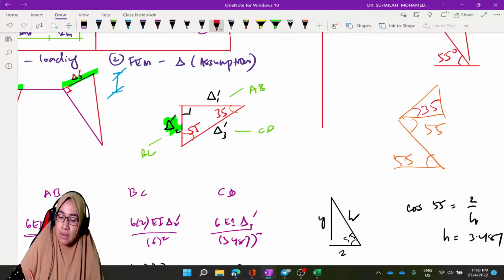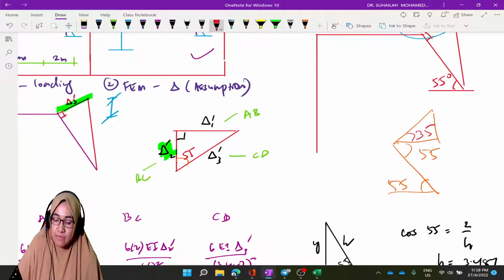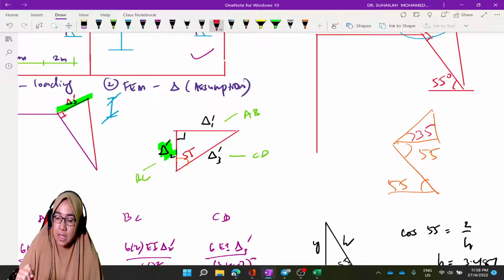Okay, let's say we are referring to the 55 degree only. So what we are going to do is calculate the relationship by using 55. It is tangent 55 equal to delta 1 prime divided by delta 2 prime.